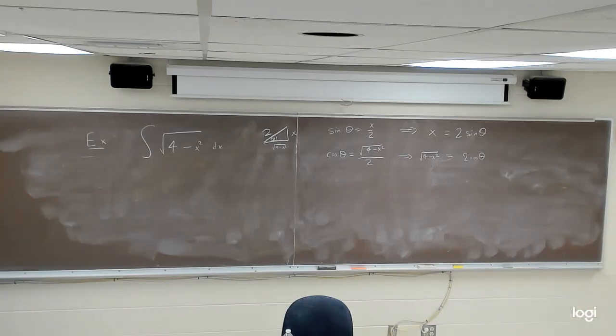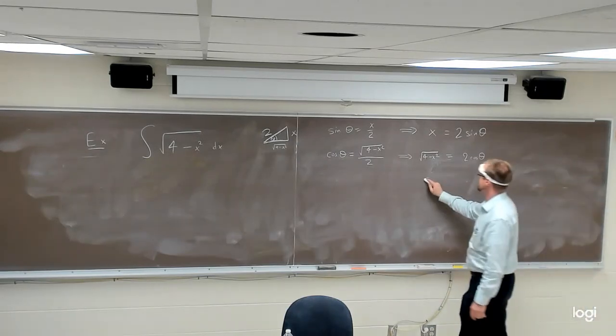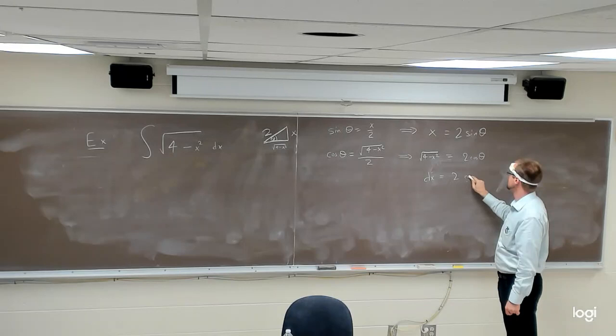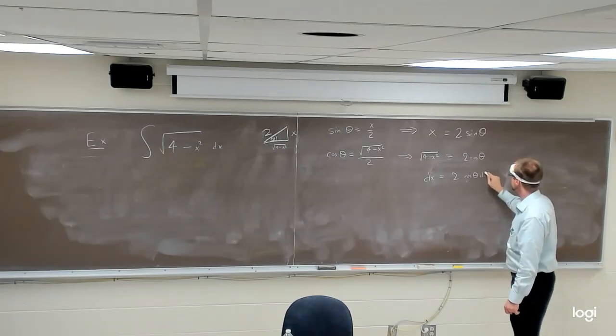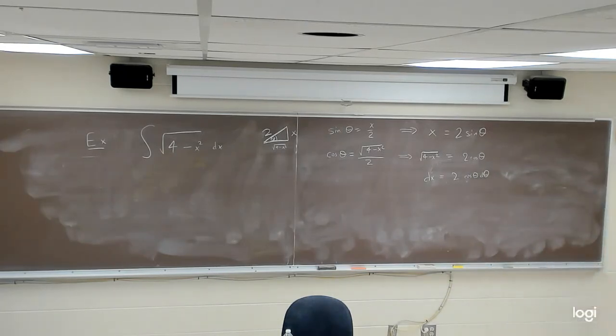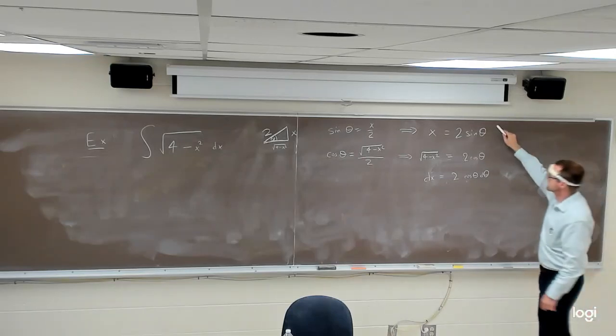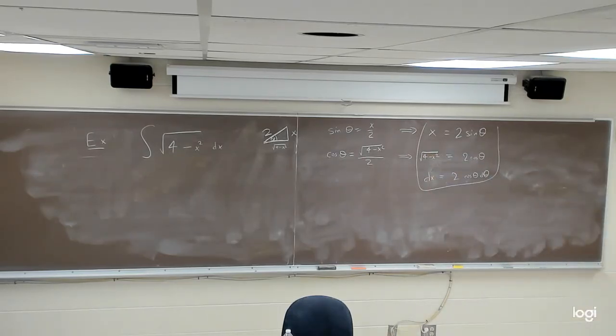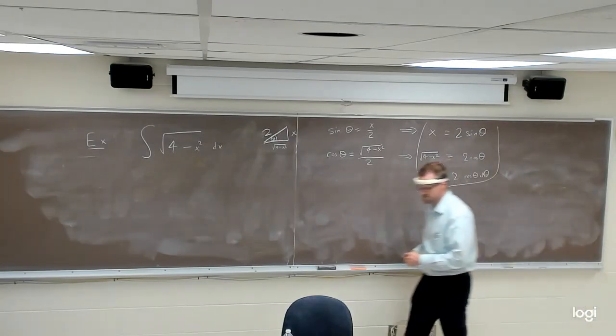And then I'm going to need dx, which I just get by differentiating x: 2 cos theta d theta. So this is the key information that I need in order to do the substitution. I need x in terms of theta.